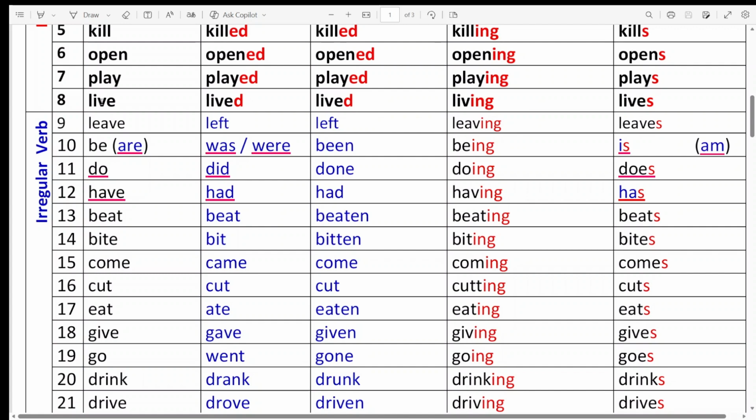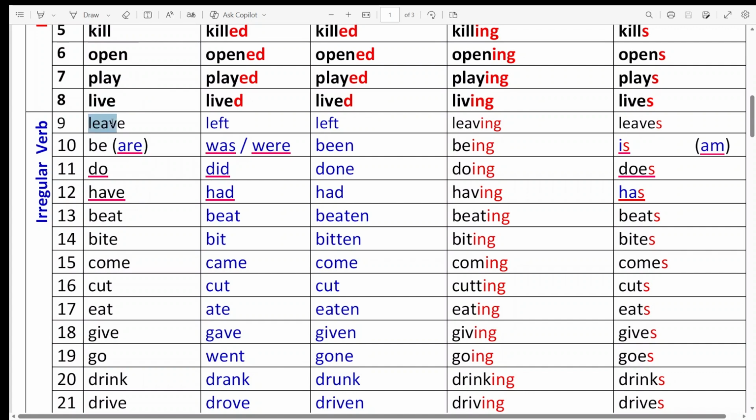Wherever you live, that is live. Now, ninth number, this is leave. I will not be living in America. You can say, I'm not living in America now.